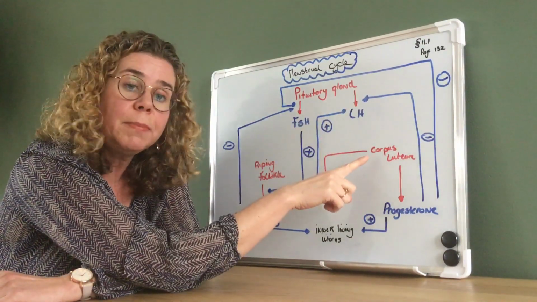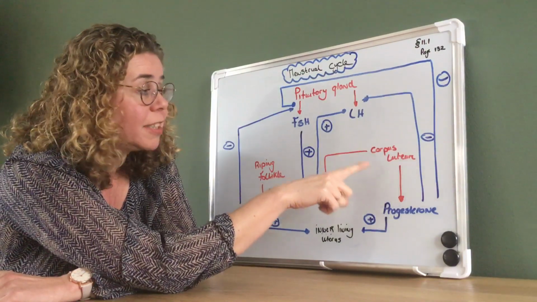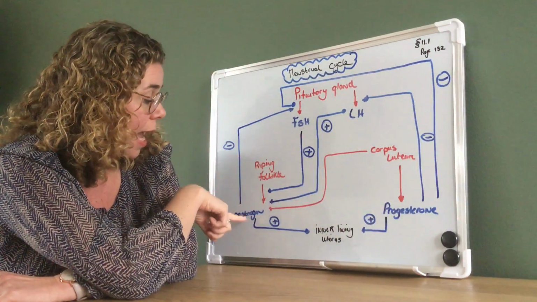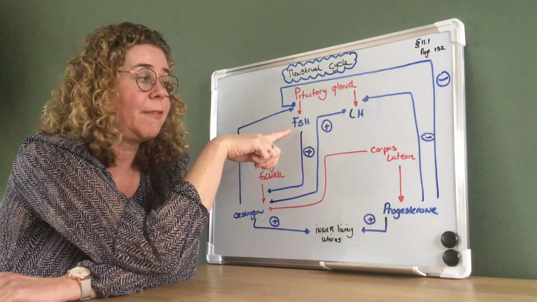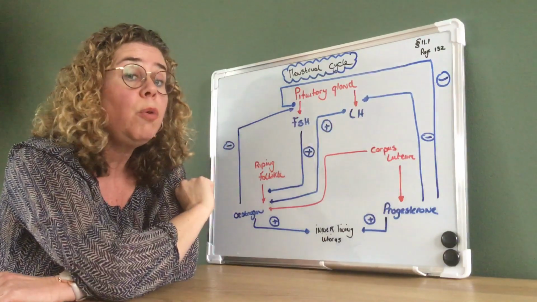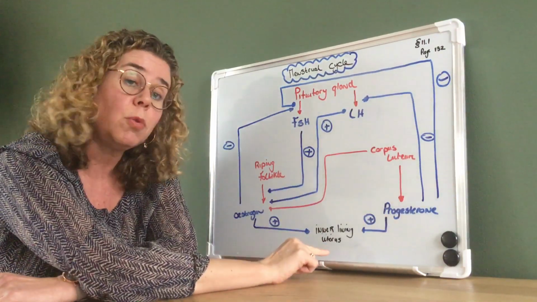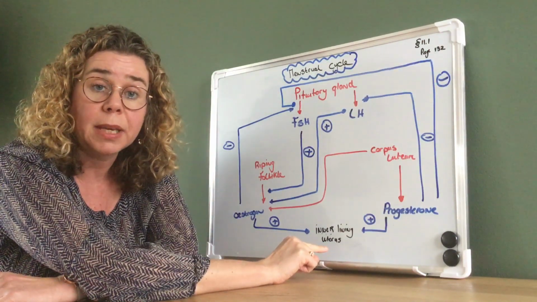The corpus luteum is being created, and it starts to produce two hormones, progesterone and estrogen. Those two hormones have a negative effect on the production of FSH and LH, so no new eggs are being released. They have a positive effect on the inner lining of the uterus, which becomes thick and ready for a baby.